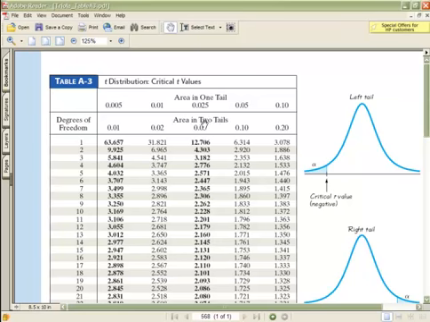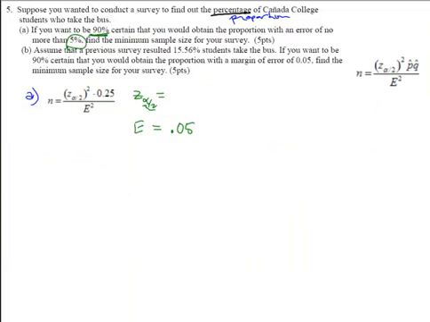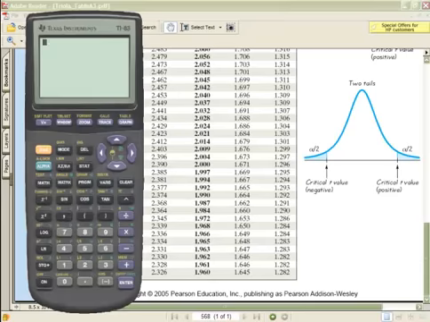So we're looking at the area in 2 tails as being 0.10. And so if you look at the second from the right column all the way in the bottom, your critical value is 1.645. So we'll make note of that. Critical value is 1.645.